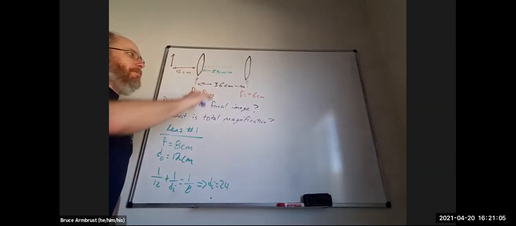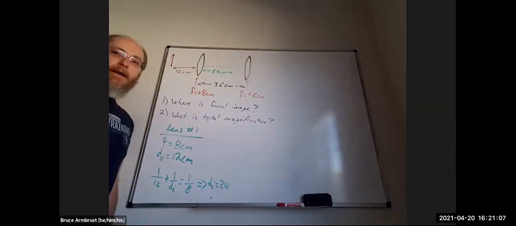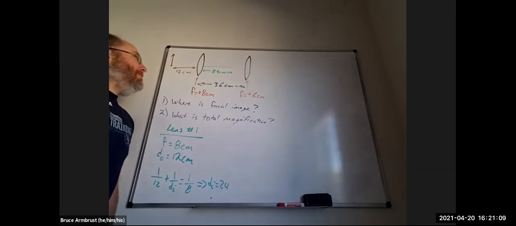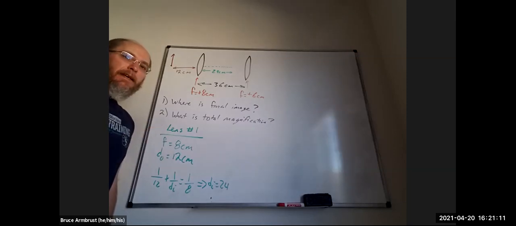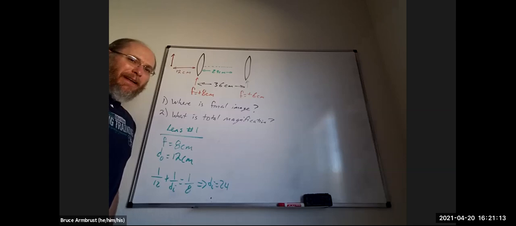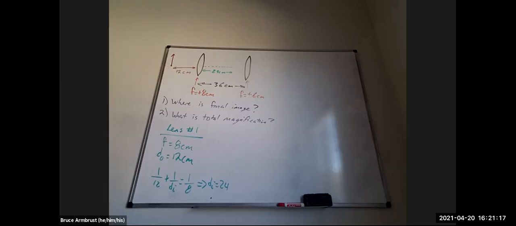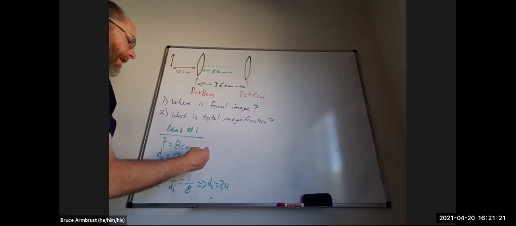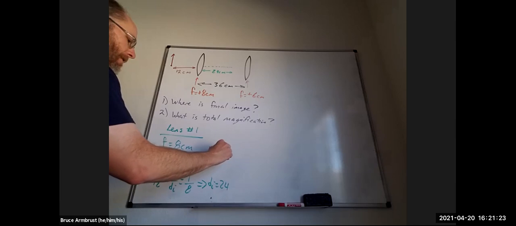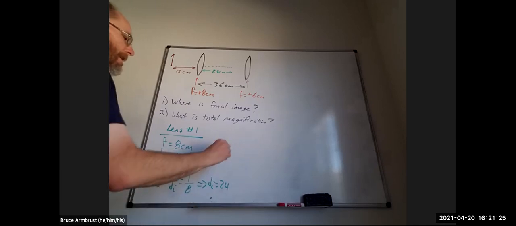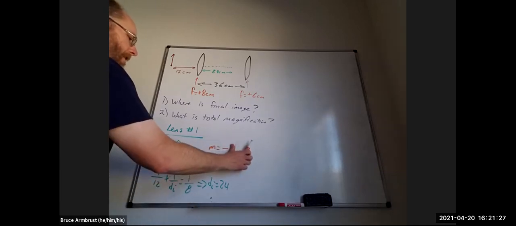In order to draw my picture, because I want to do it semi-decently, let's figure out what the orientation and magnification is for this one real quick. So if you go back to your magnification formula, the magnification is minus di over do.